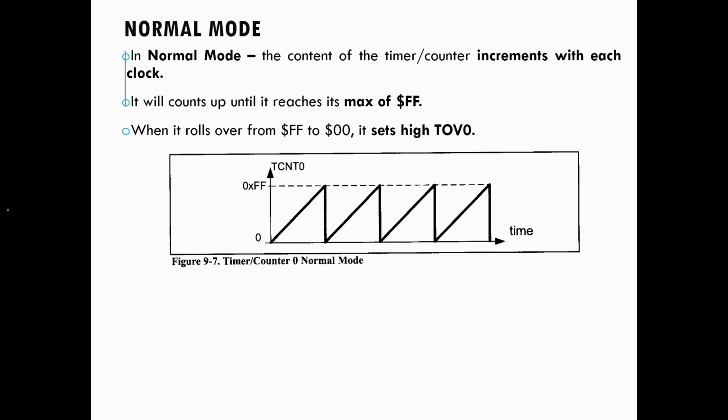So how do we read this? Initially this is the graph of TCNT0 versus time.